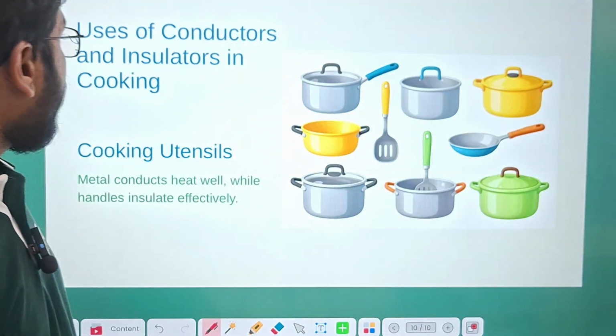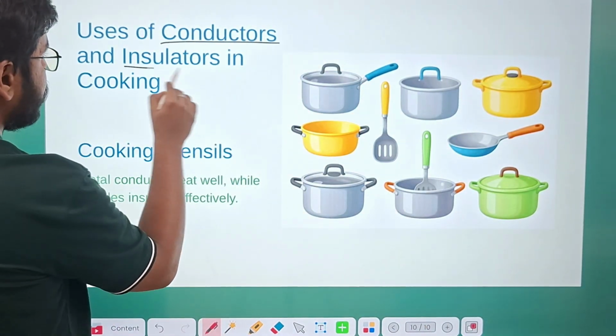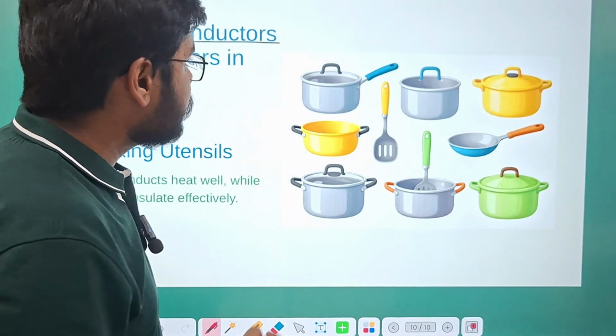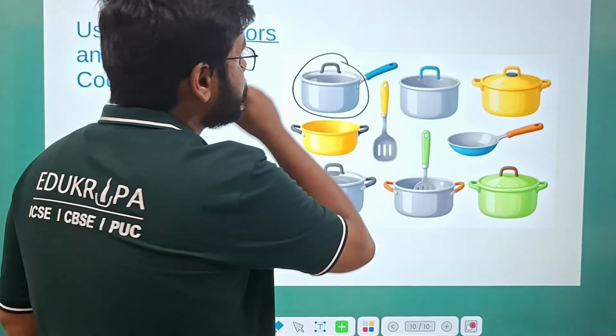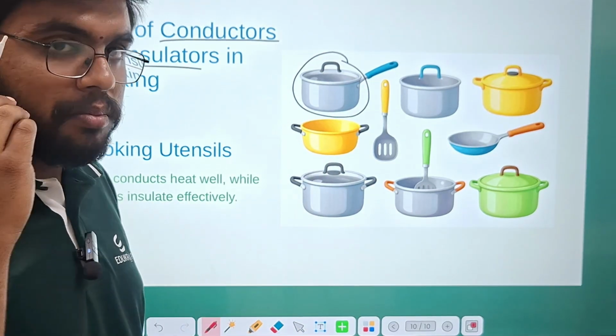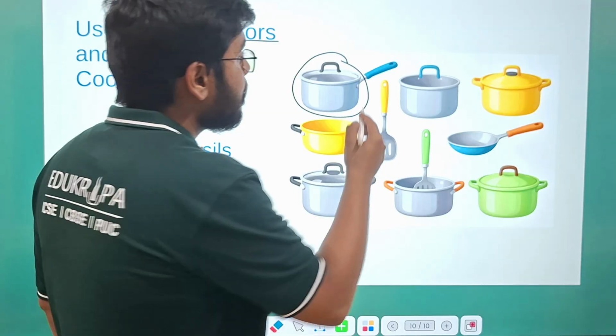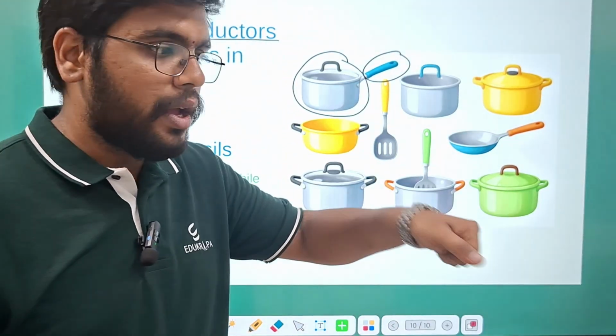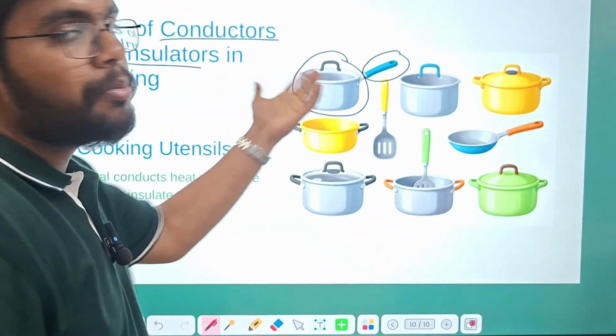Now we'll see how conductors and insulators work together to make our life easier. How do they do that? You may have seen that the utensil itself is usually made up of some metal which is a good conductor of heat, but the handle which we use to hold it is usually made up of an insulator.